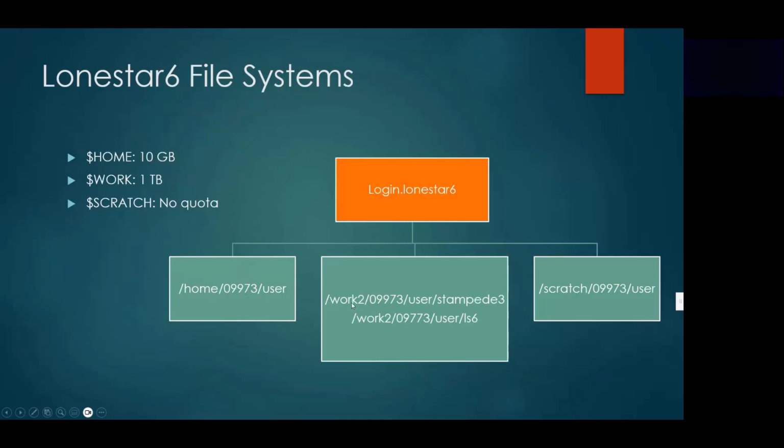Here has work2, this is Stampede3, and here work2, your username, Lonestar. If you cd space dot and hit return, you're going to see under your name Stampede3 and Lonestar, and then you can get into the location. This is the place where you can move your files around. Scratch space is also available.